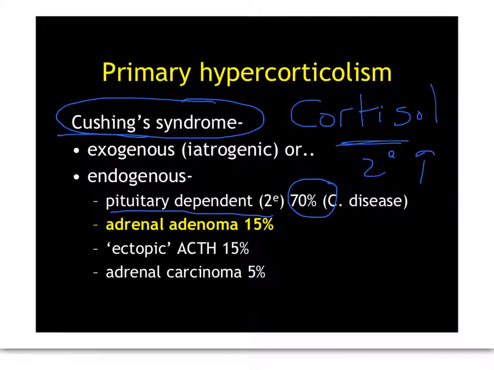The commonest reason overall is actually people receive corticosteroid type of drugs, iatrogenic or extrinsic Cushing's syndrome. So after we've excluded pituitary dependent Cushing's, we've got this other collection of entities, of which adrenal adenoma is one, and adrenal carcinoma is another form that would come from the adrenal glands.